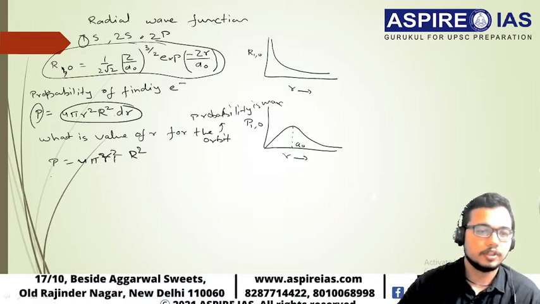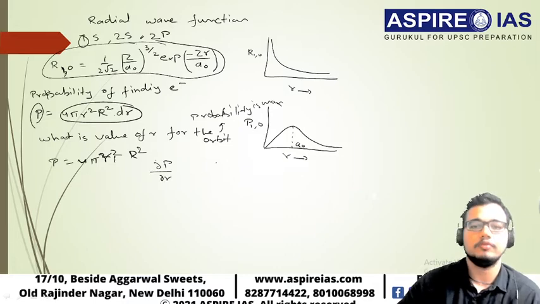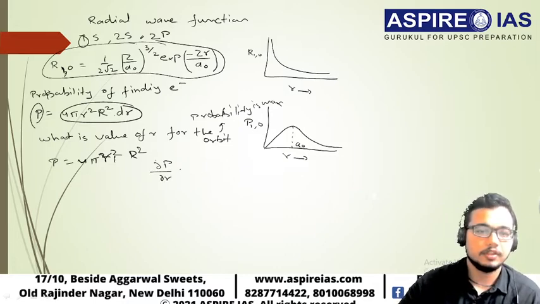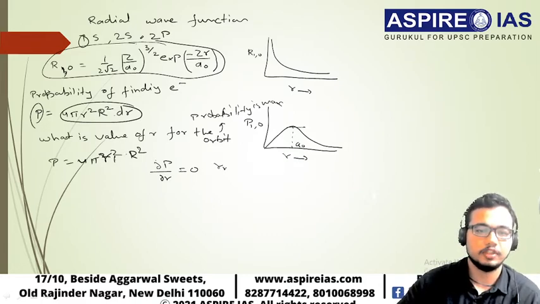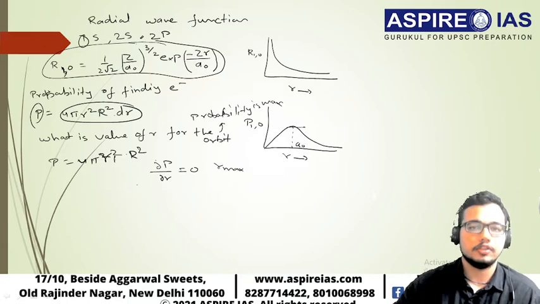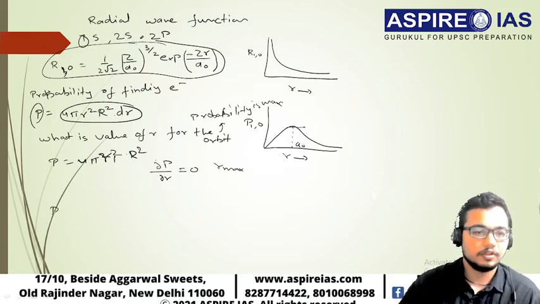Once you get the probability, you differentiate, that is del P by del r. Where the probability is maximum, that differentiation will be 0. Differentiate it with dr and put it 0, and you will get the value of r max, that is the radius of the orbital.